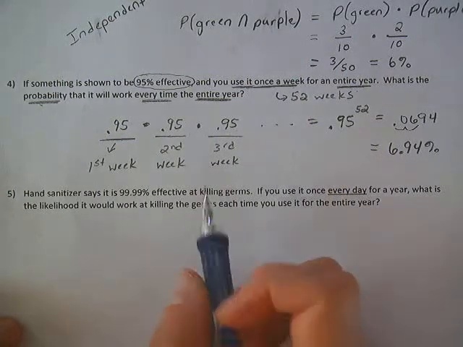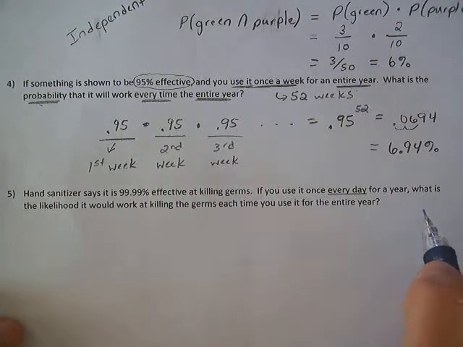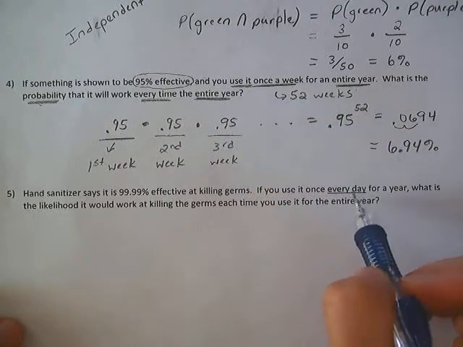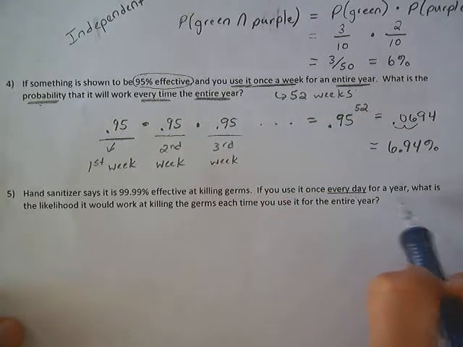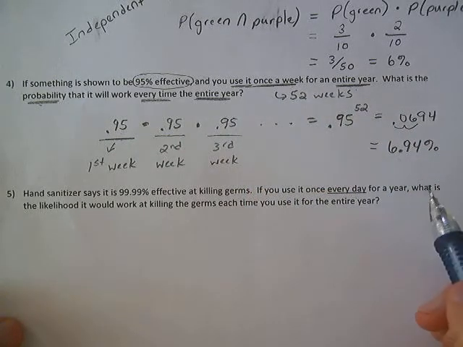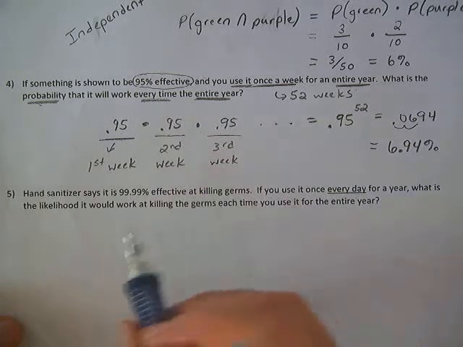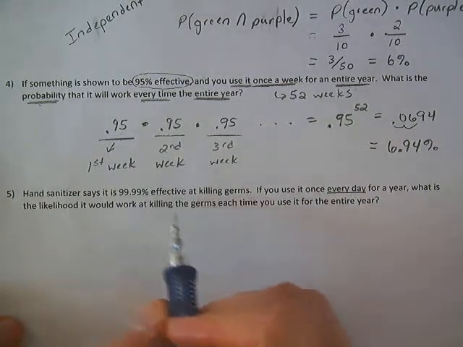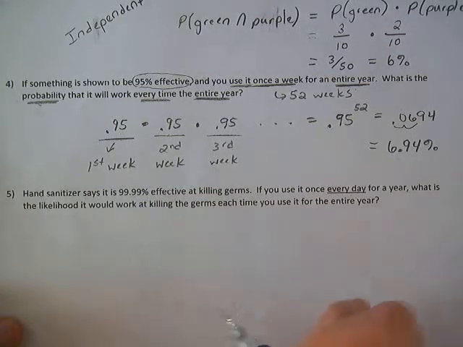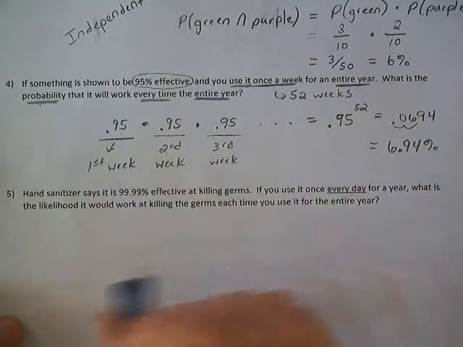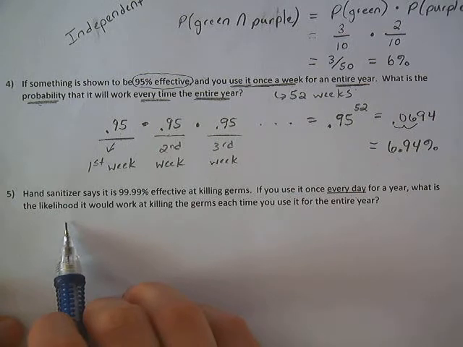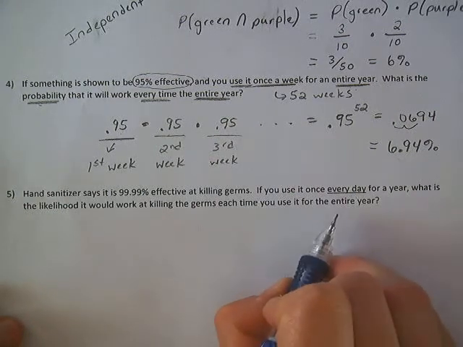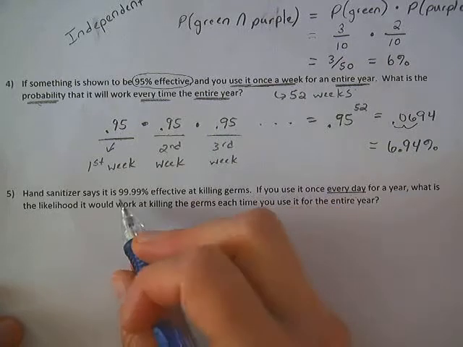Well, this is kind of like that other question, except this time you're using it every day, not every week, but every day. So think about how many days are in a year. There's 365 days. So the likelihood it worked the first day you use it is 99.99%. The second day, same thing, so on and so forth. So if you're finding the probability that it would kill the germs each time that you use it for that entire year, you would change that to a decimal.